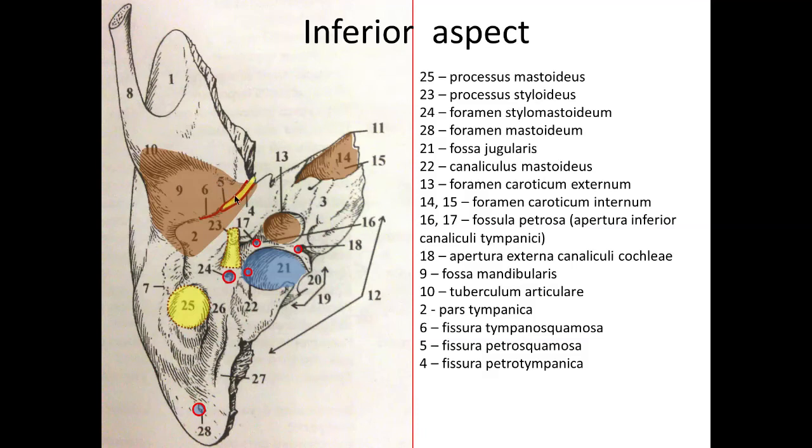Number 5, fissura petrosquamosa, and number 4, fissura petrotympanica. Very important to distinguish them.